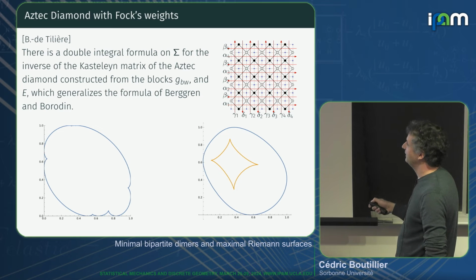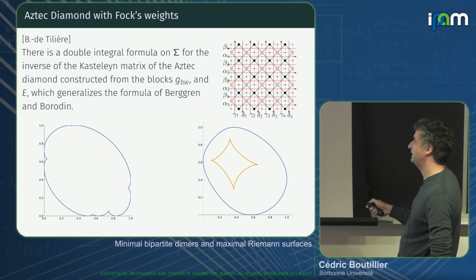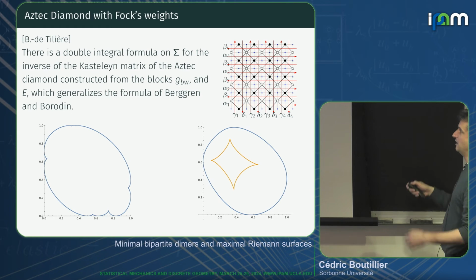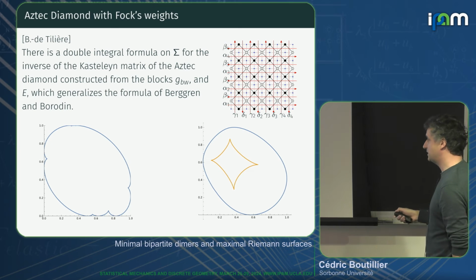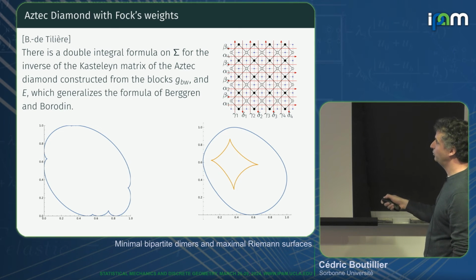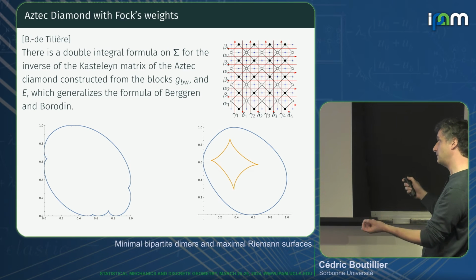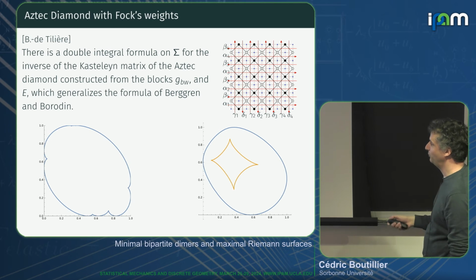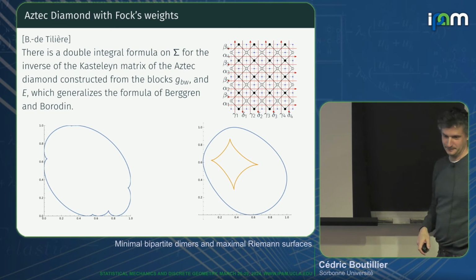So you take periodic parameters, so all the alpha, beta, gamma, and theta are the same. But as Sasha explained, this doesn't mean that the weights are periodic, but they are somehow almost periodic. But in this case, you get a limit shape which looks like this.